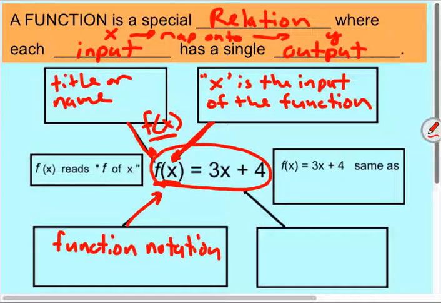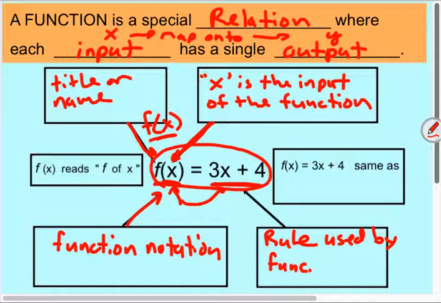So whatever you plug in for x, that number would go here, and then it would go into what we call this little bad boy over here, 3x plus 4, which is what we call the rule. The rule is used by the function to generate an output.